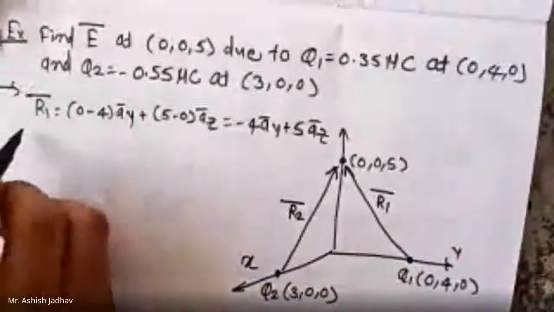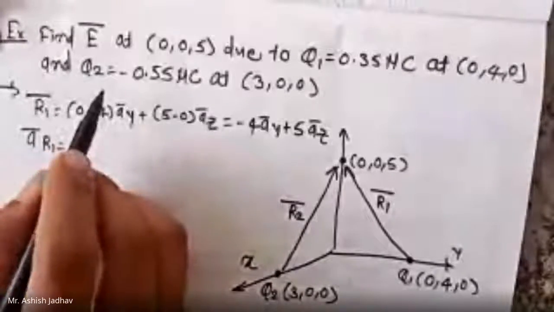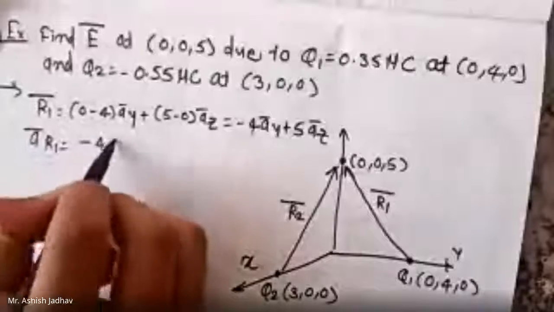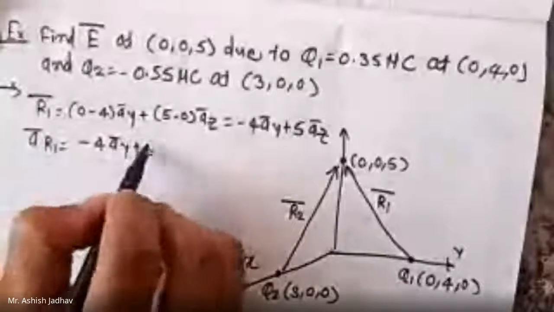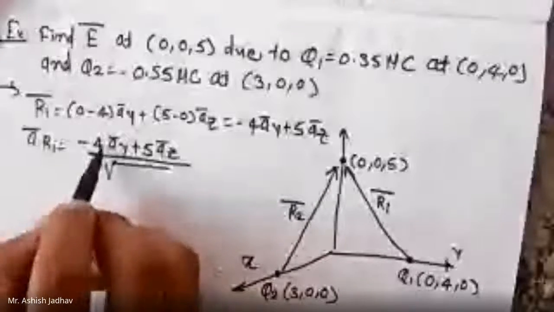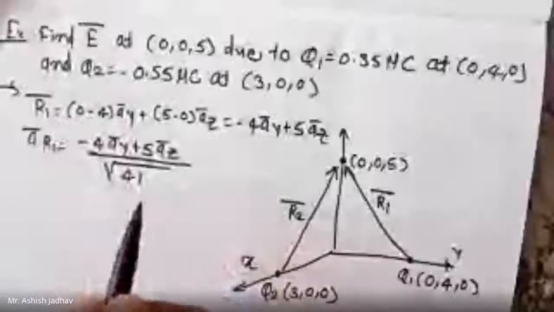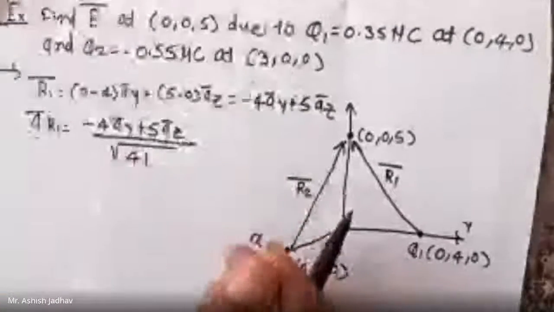So what is the unit vector A bar R1? Minus 4 a bar y plus 5 a bar z divided by the magnitude. What would be the magnitude? Root of 4 square plus 5 square, that is 41. So it is root 41.